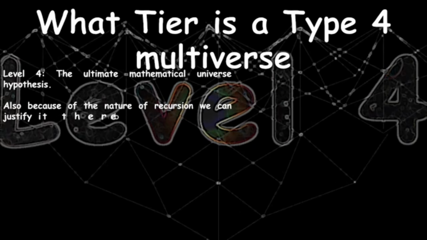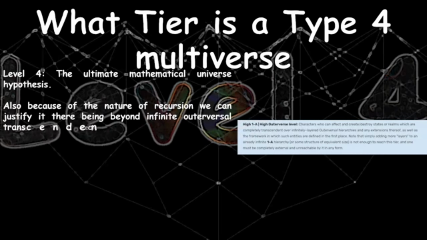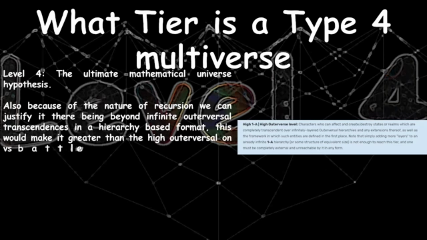Also, because of the nature of recursion, we can justify there being beyond infinite alderversal transcendences in an upwards hierarchy. This would make it greater than a high alderversal that is shown on Versus Battle Wiki as well.